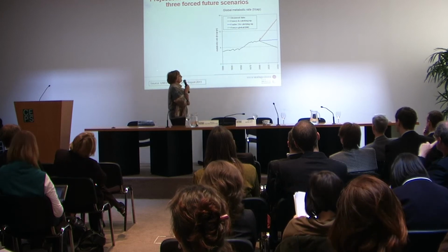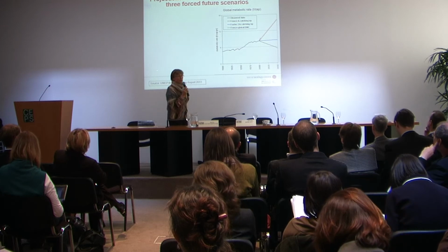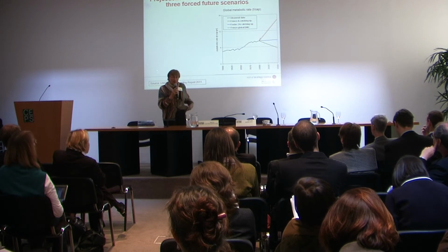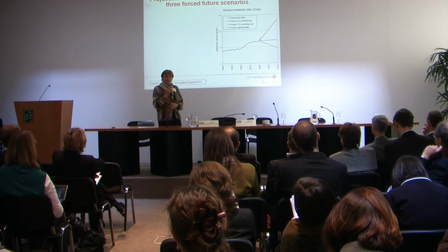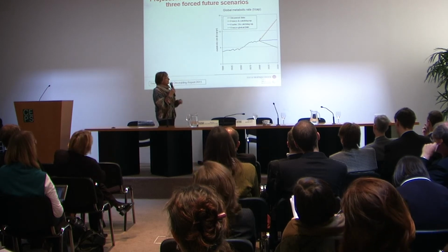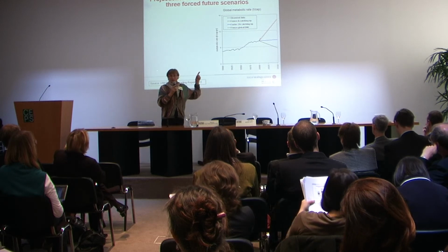So three scenarios. One scenario is the red one. The red scenario says, let's freeze the level of resource consumption of industrialized countries and allow the rest of the world by the year 2050 to catch up with these levels.